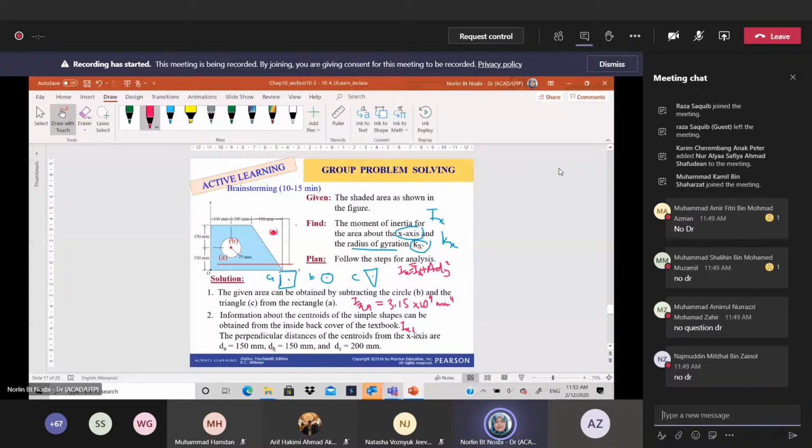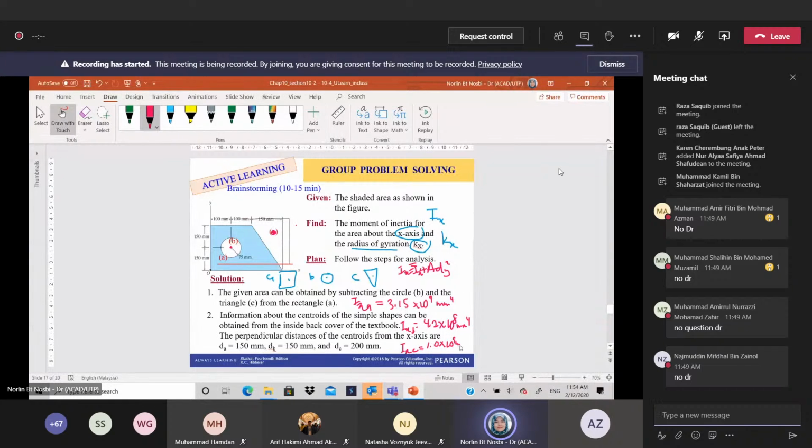And then for the moment of inertia, IXC is equal to 1.0 times 10 power of 9 millimeter power of 4. And then for K, the radius of gyration, which is the Kx, I will give you the answer.